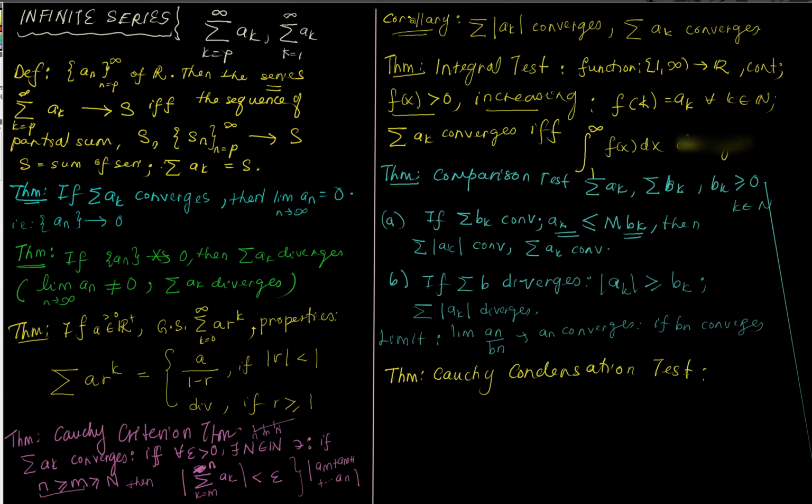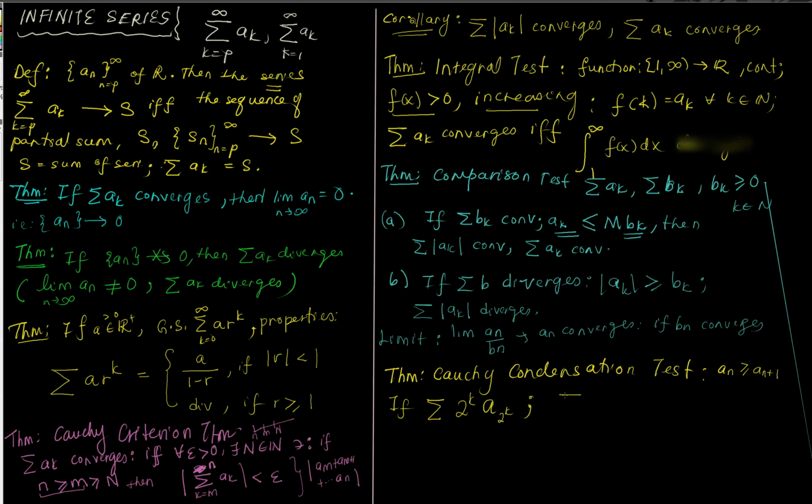If you have a non-negative sequence a_n, and a_n is greater than or equal to a_{n+1}, then a_n converges if and only if the summation of 2 to the power of k times a sub 2 to the power of k converges.